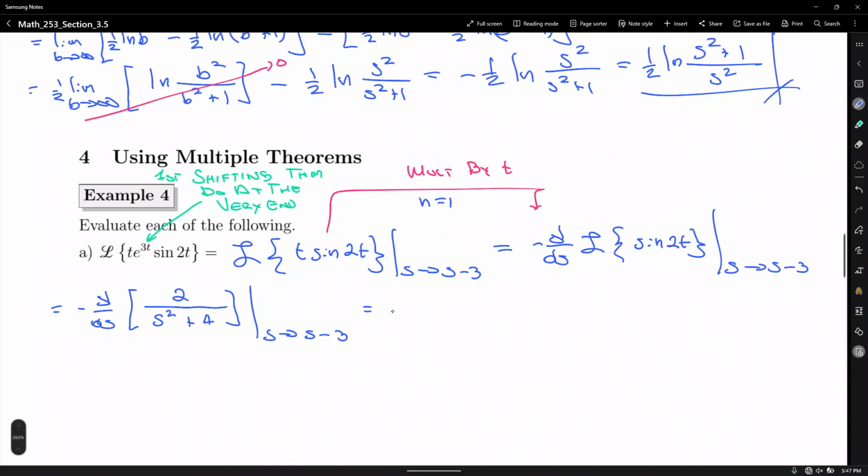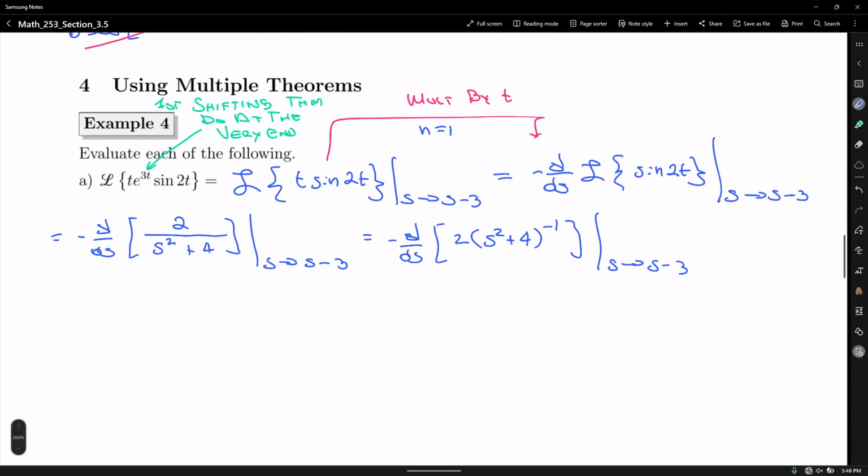The derivative again, that's negative the derivative with respect to s of 2 times s squared plus 4 to the negative 1, whatever we get, s goes to s minus 3. Now I'm going to find the derivative: negative times negative 2, s squared plus 4 to the negative 2 power times 2s.